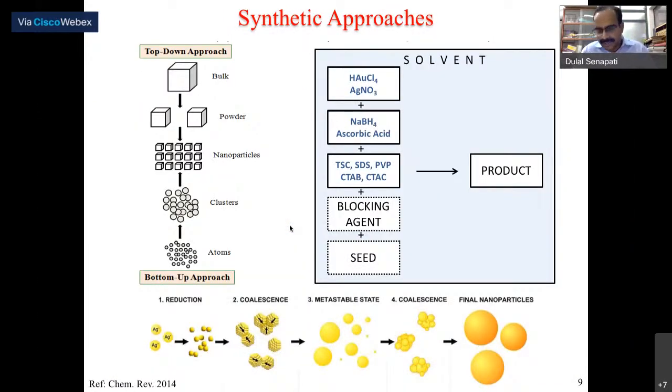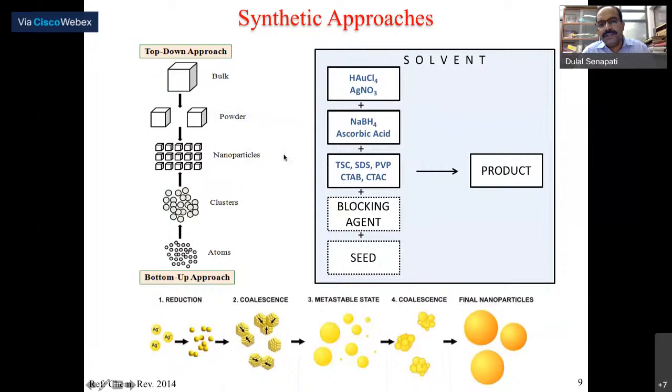Now, in this lecture I will mainly focus on the synthesis of different types of nanomaterials. As explained in the previous lecture, there are two methods. One is the top-down approach, which physicists generally take from the bulk material. We can grind them, or by adopting different physical methods, finally we can make the nanoscale material.